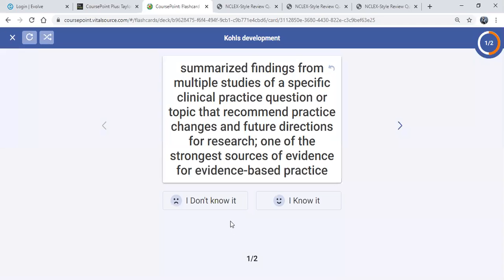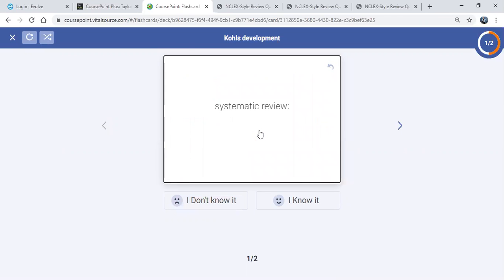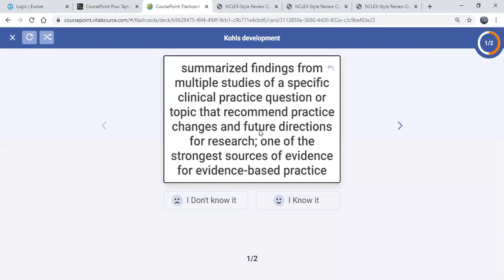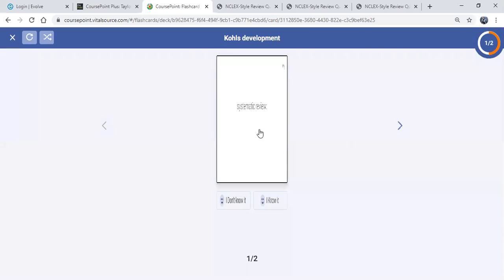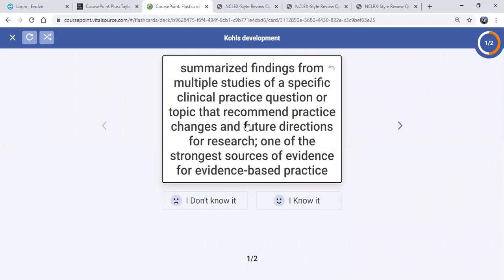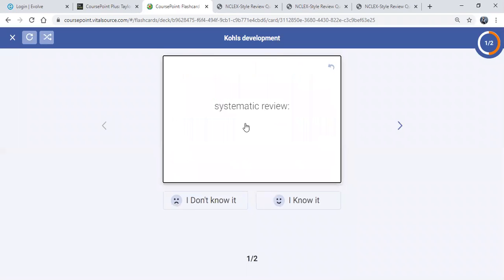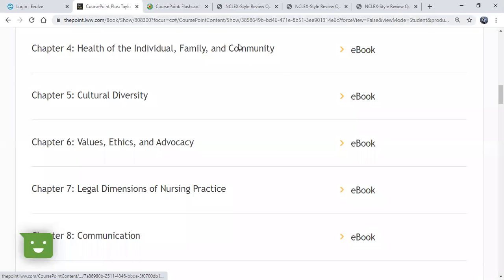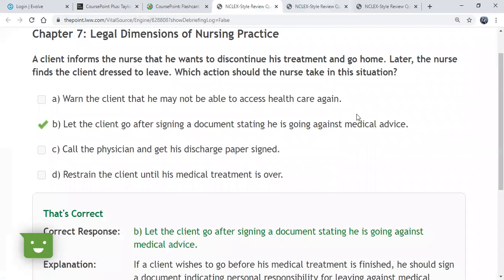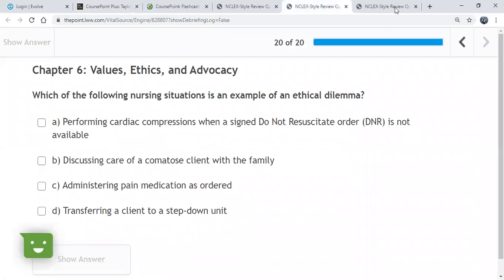And if you don't know them, you can say, I don't know it, so it'll bring the topics back for you to study them. You can make these flashcards just by cutting and pasting from the book. You put the topics in there that you don't really know or you're not sure of and go through them. Like, what don't I know? What do I really need to learn?